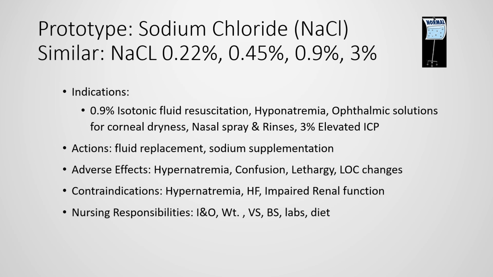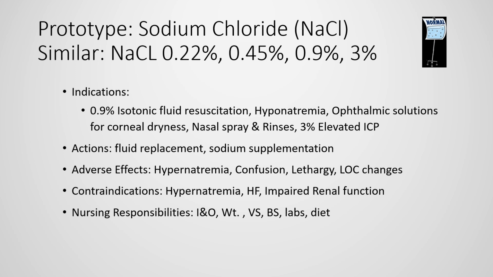Okay, 3% normal saline. So that's getting pretty aggressive. We use that for people that are quite ill because that is really hypertonic. So if we're using 3% normal saline, we're going to pull fluid out of the cells.